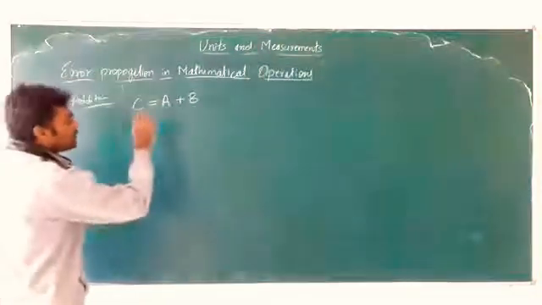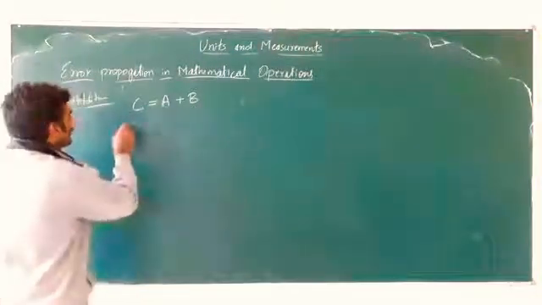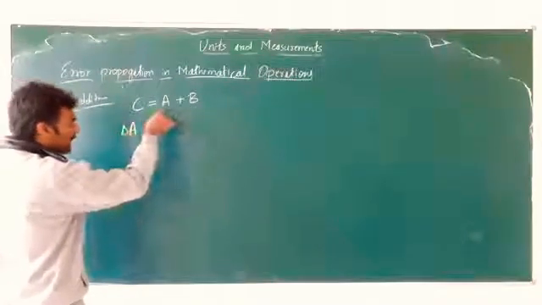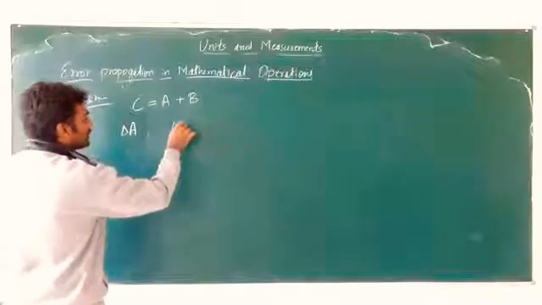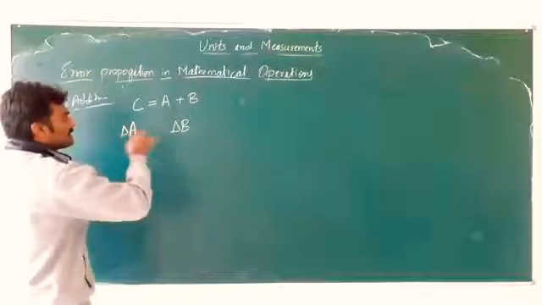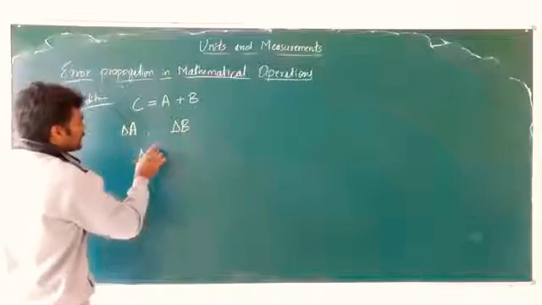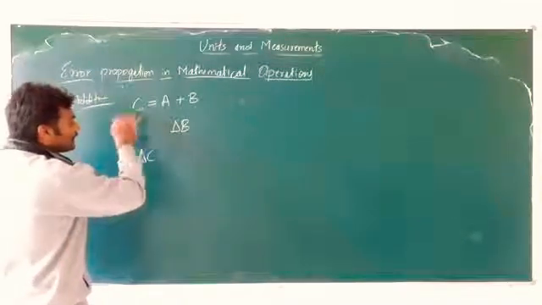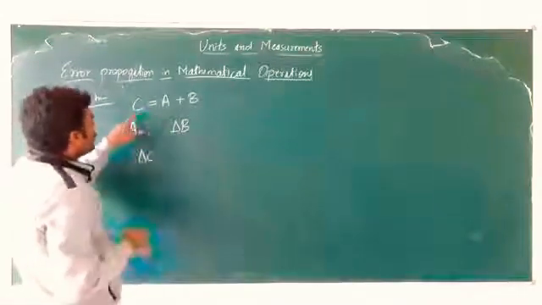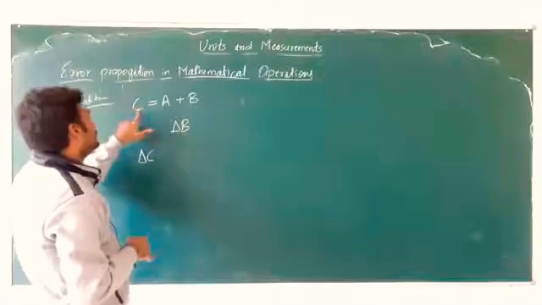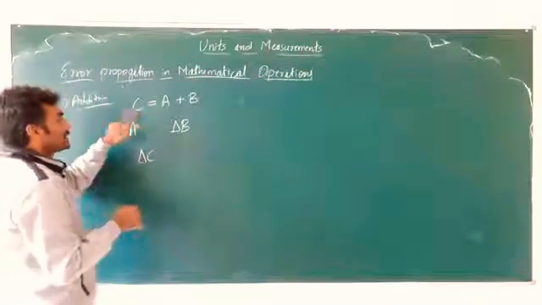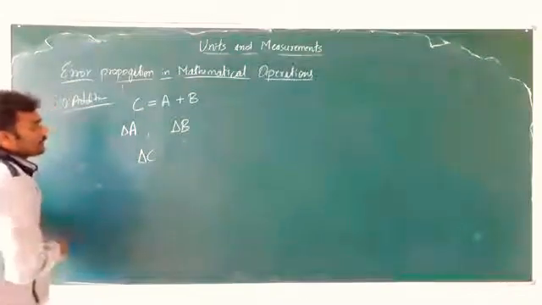Now what we do is we measure A and we measure B, and we get an error of delta A during the measurement of quantity A, and an error of delta B during the measurement of quantity B. In such a situation, the error in the final quantity C, delta C, shall be taken as follows.